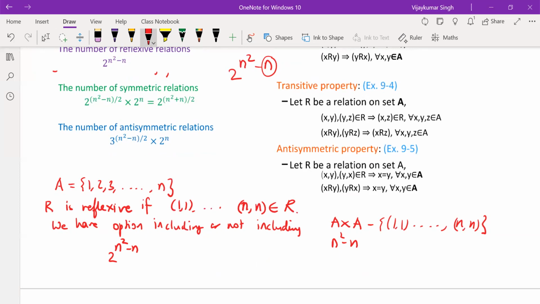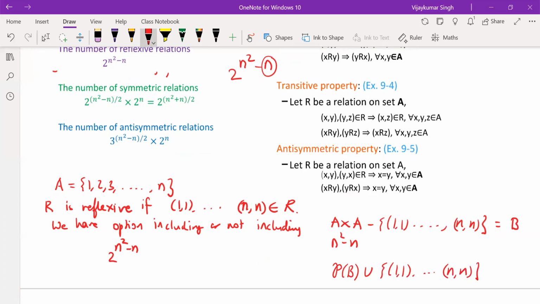So you're looking at all the subsets of the remaining, and then you look at the power set, and then you take the union, basically. So you can think about this as follows. Let's call this set B. You're looking at the power set of B union {(1,1), ...}. This will be all possible relations.